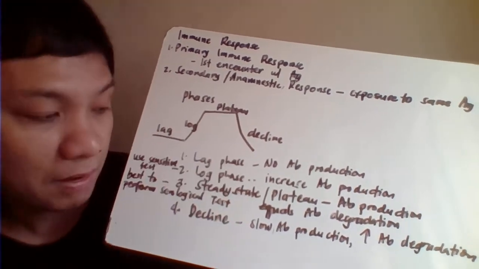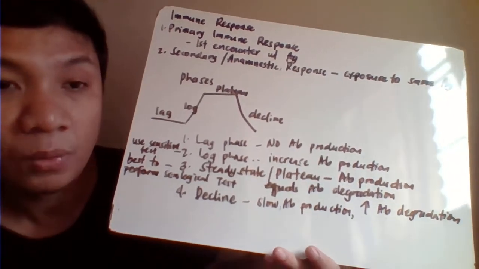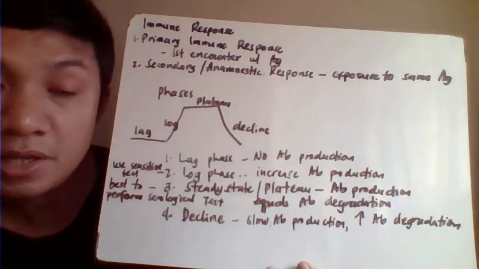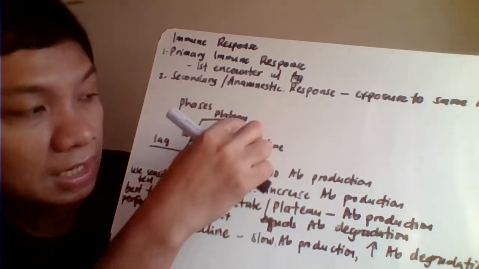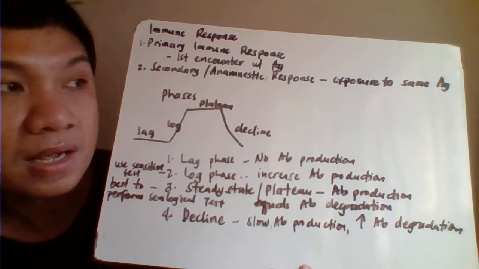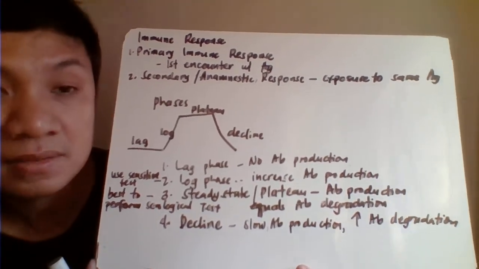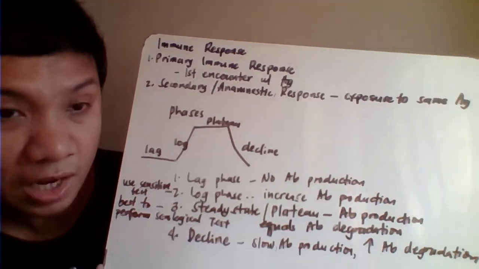That's your logarithmic phase. The steady state or the plateau state would eventually be characterized by the balance between your antibody production and antibody degradation or death. Ganon. And the decline phase or the disappearance phase is characterized by an increase in antibody degradation compared with your antibody production.